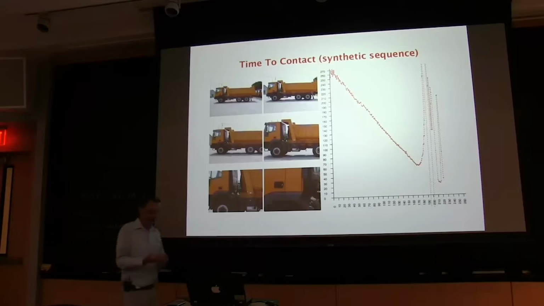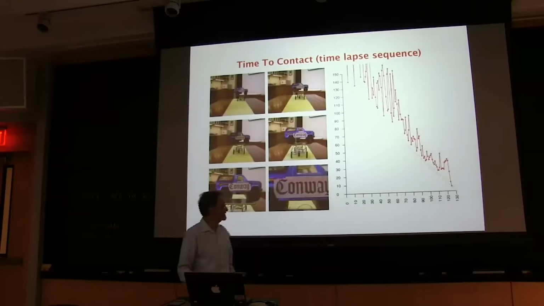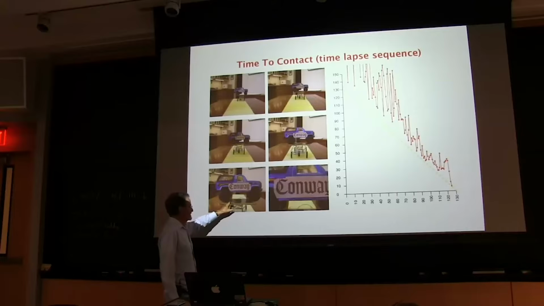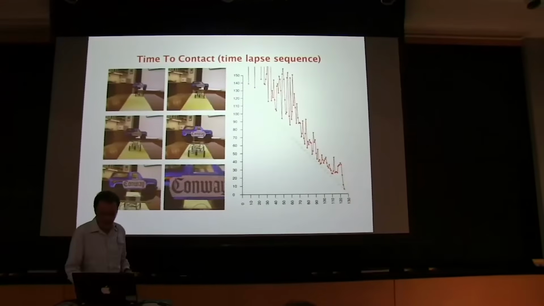So in addition to finding the time to contact, we want to find the focus of expansion. And there's another one. This one was done using time lapse, moving the car a little bit every time. And I'm not very good at moving things exactly 10 millimeters, so it's a bit more noisy than the previous one.